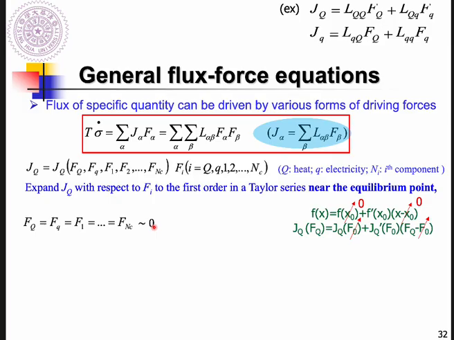So when I rewrite these equations, the heat flux can be written as the heat flux prime times the F capital Q. The prime means the partial with respect to F, right?